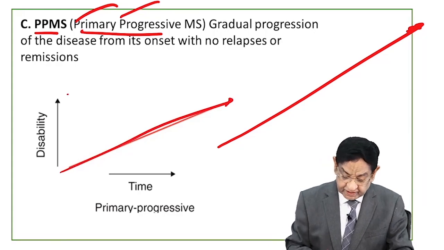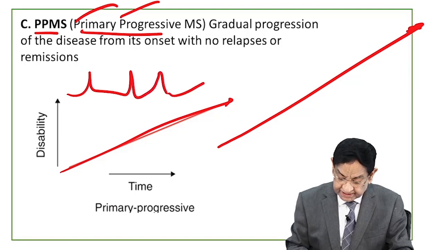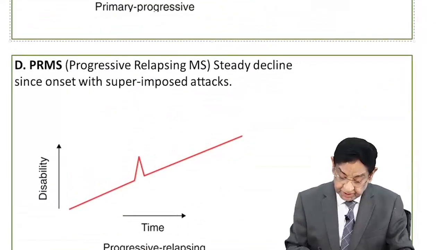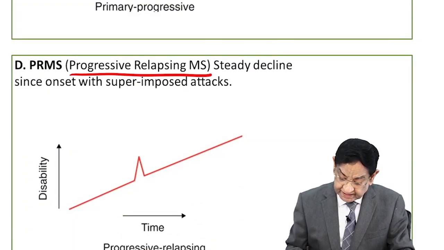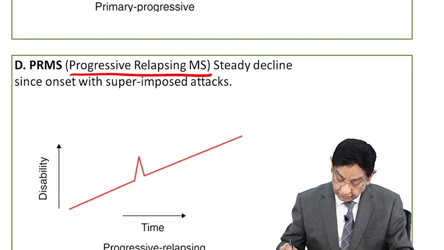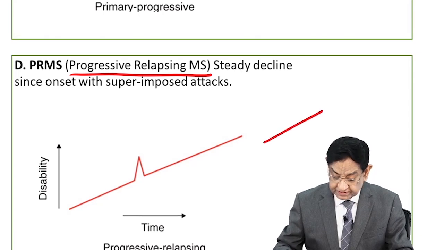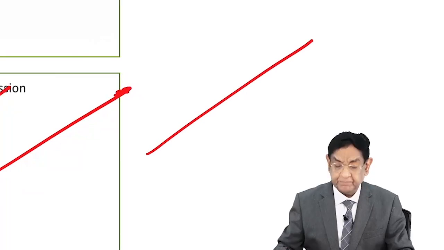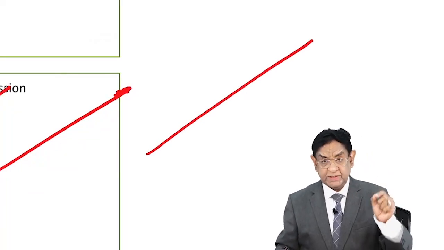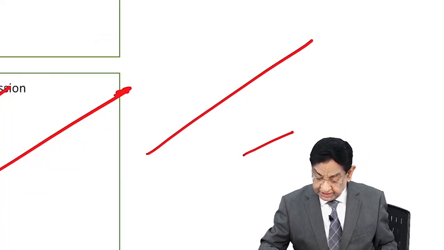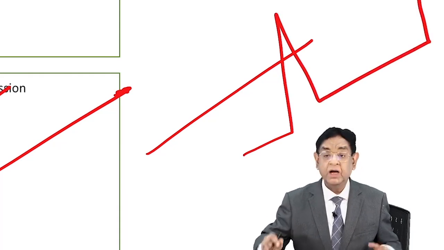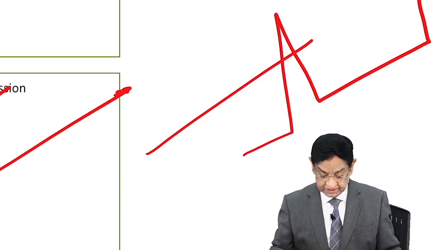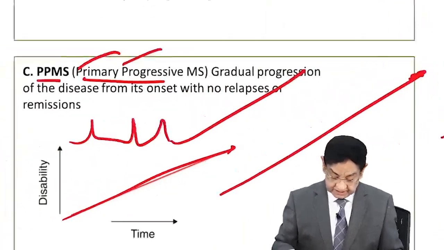The previous one was RRMS, and later on it started increasing. The fourth one is progressive relapsing MS. That means it is just like the primary progressive, but here, suddenly, it has got a further flare up.